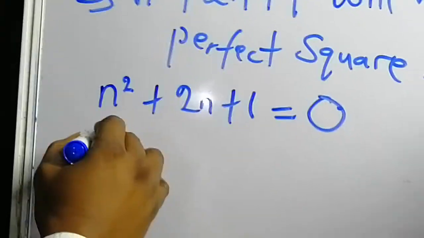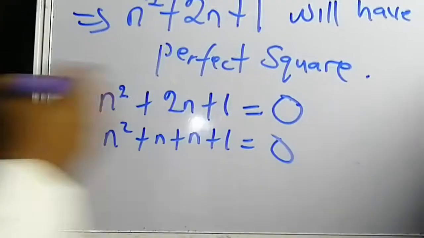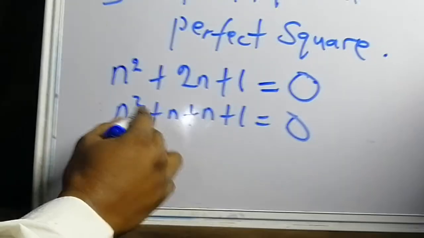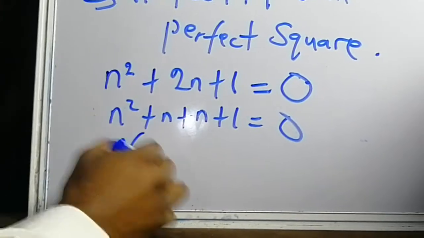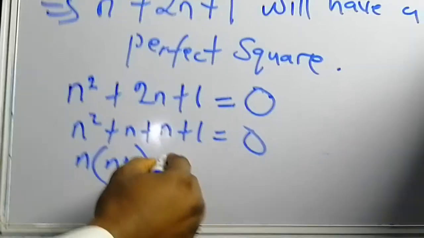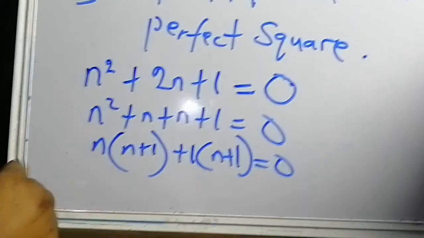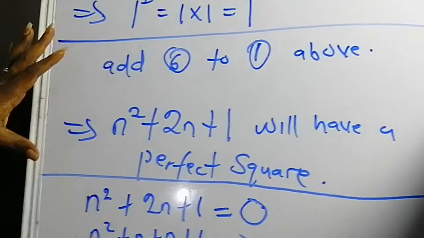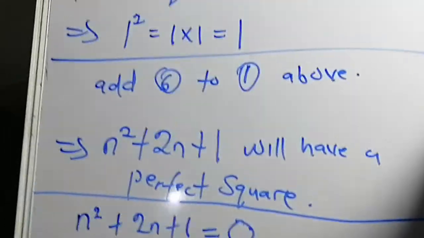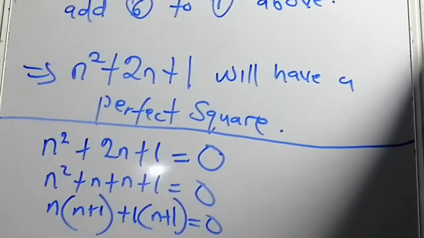Here I can say n squared plus n plus n plus 1 equals 0 if I'm factorizing. That's how you know that yes, it has a perfect square. So n is common here, I bring n out, n plus 1. Then 1 is also common, I bring 1 out. So n plus 1 equals 0. Please don't forget, we've gotten the answer, which is our D in equation 3. We've gotten the answer to be 1, following the steps above.